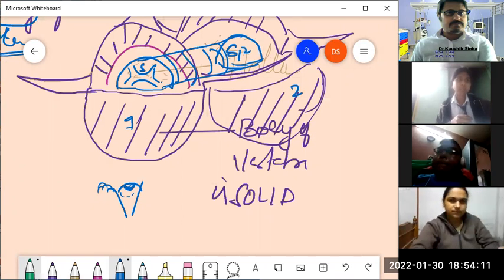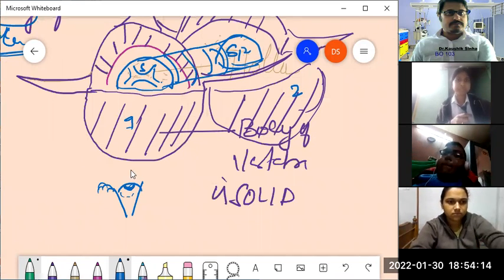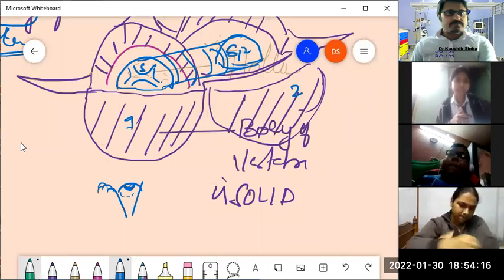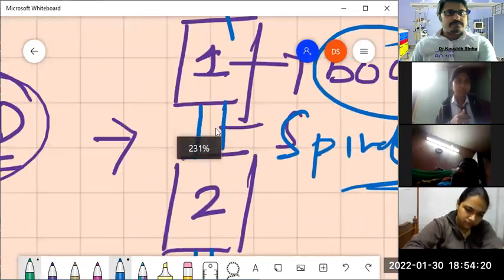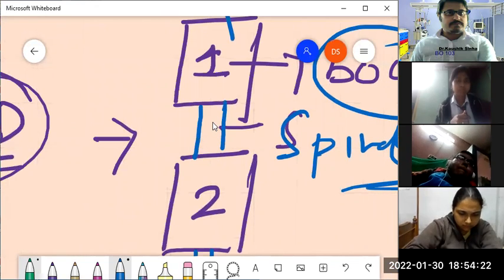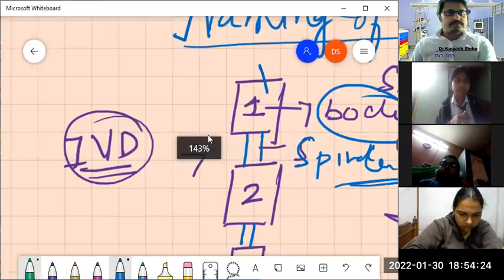Is it possible? No, sir. No, I cannot see it. But in the places where the vertebra is not present, in this area, since the vertebral body is not present, the spinal cord becomes visible.